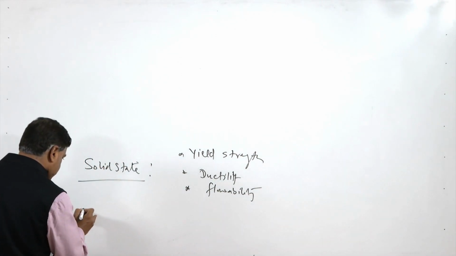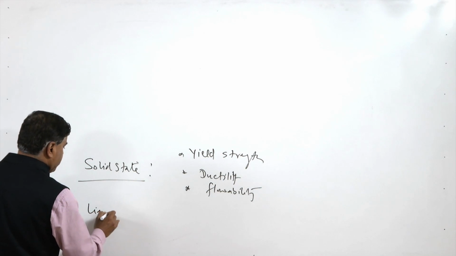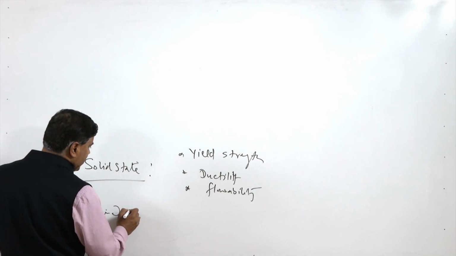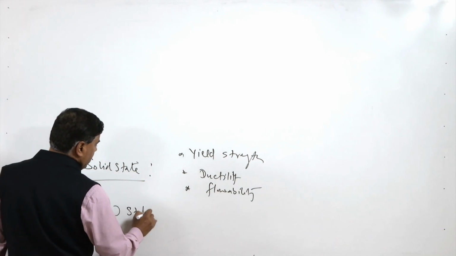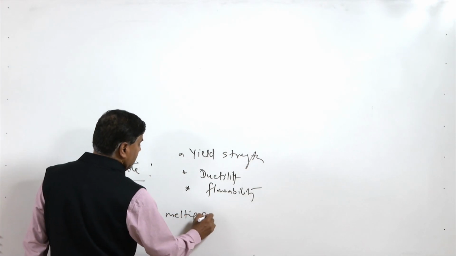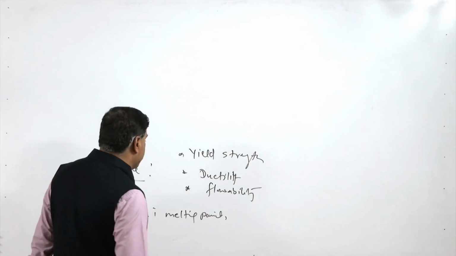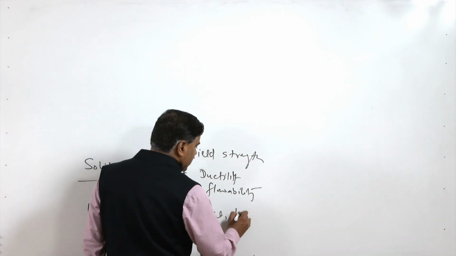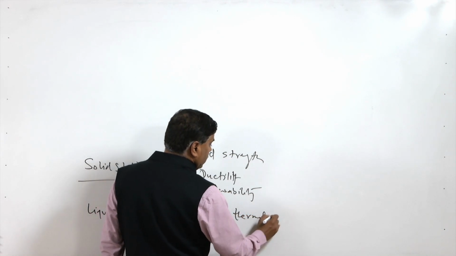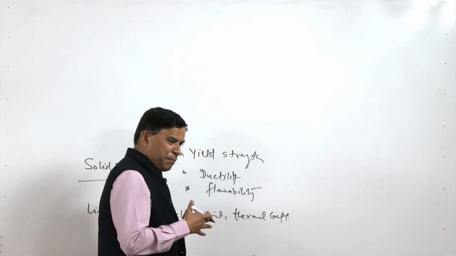And then in case of the liquid based processes, where fusion of the faying surfaces is to be achieved, the melting point of the base metal matters, because we need to ensure that the faying surfaces are brought to the molten state.